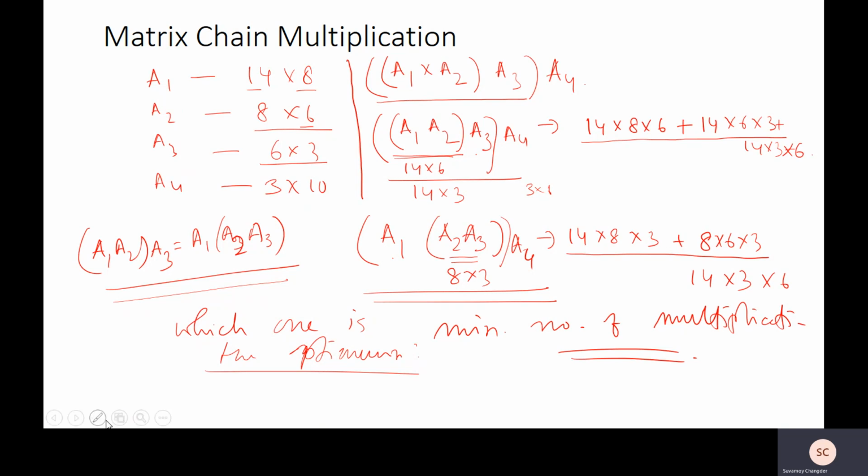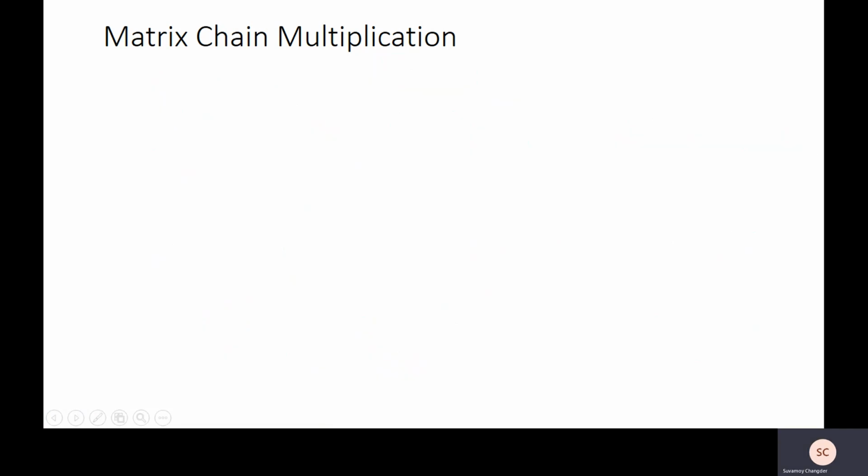So before going to the actual algorithm, let us see why it is difficult to go for finding one by one. Let us say we are having a chain A1, A2 and so on up to An, right? So what we can do, we can list out all different possibilities.